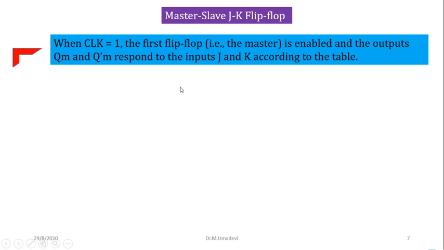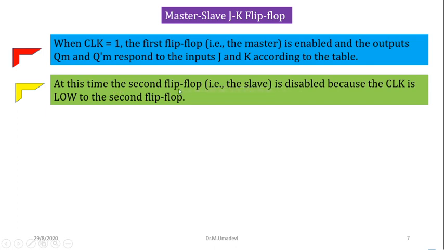Master slave JK flip-flop. When the clock is 1, the first flip-flop, that is the master, is enabled, and the output QM dash, M is for master, responds to the inputs J and K according to the truth table.